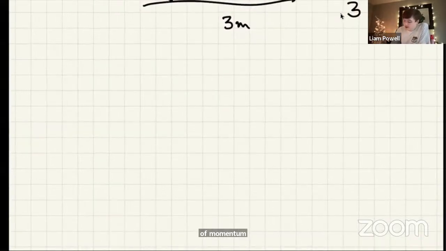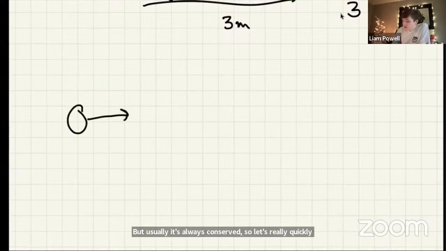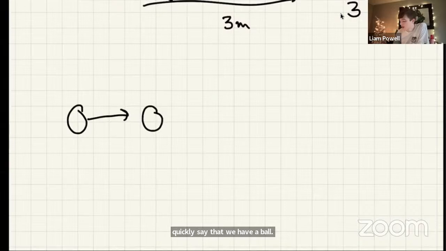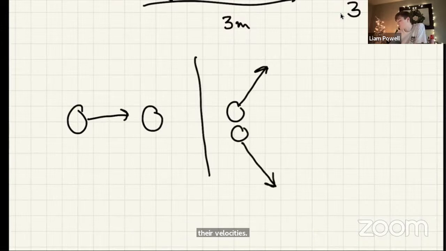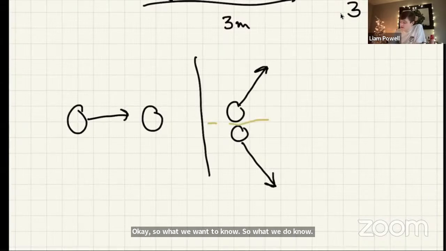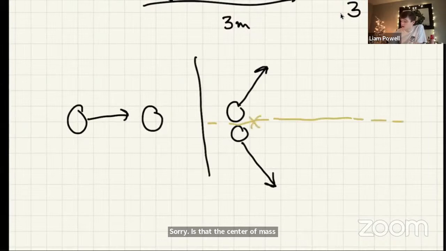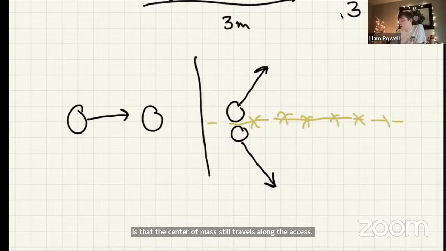Let's say that we have a ball and it hits something that's stationary. After, their velocities look like this. What we do know is that the center of mass still travels along the axis that it was going before, and this works for almost all forms of complicated motion.